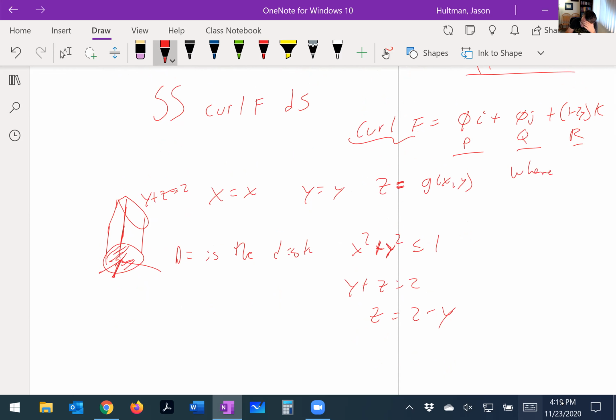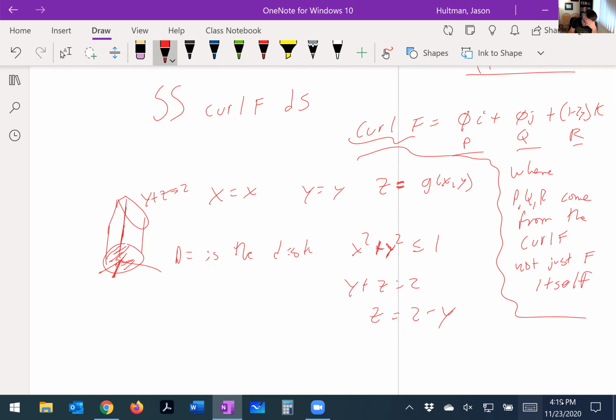P, Q, and R come from the curl of F, not just F itself.